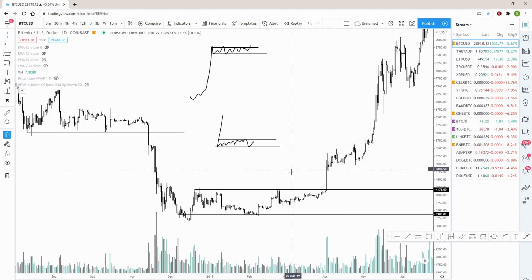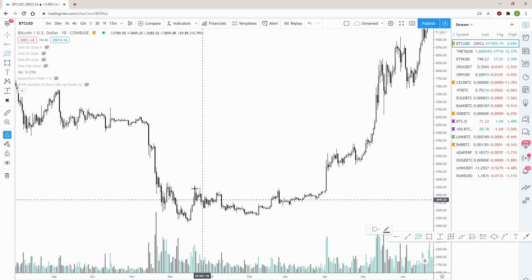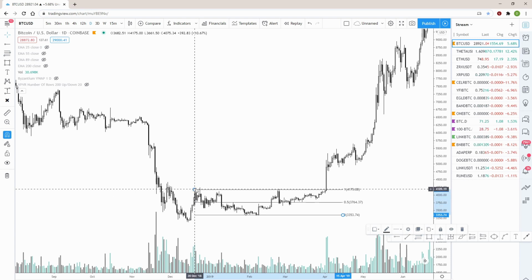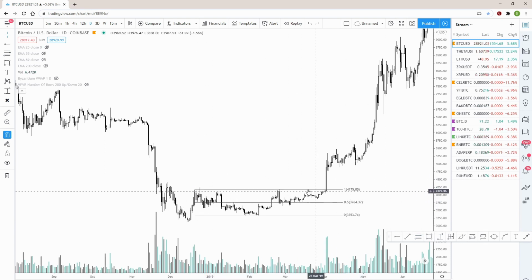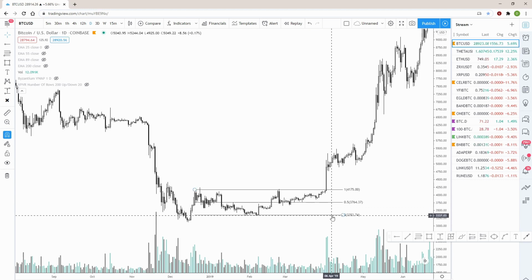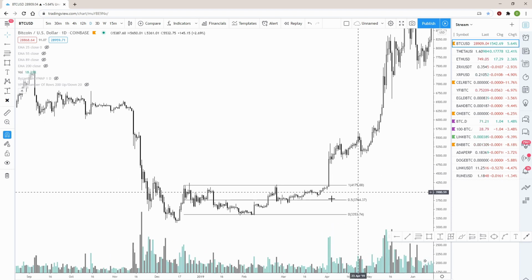So how do you chart it? As I said, take the swing high, take the swing low. A nice way of doing it is just taking a fib tool and just doing the 1.5 of the equilibrium of the chart and the 0 and taking everything else out, and you'll generally get a nice chart here.